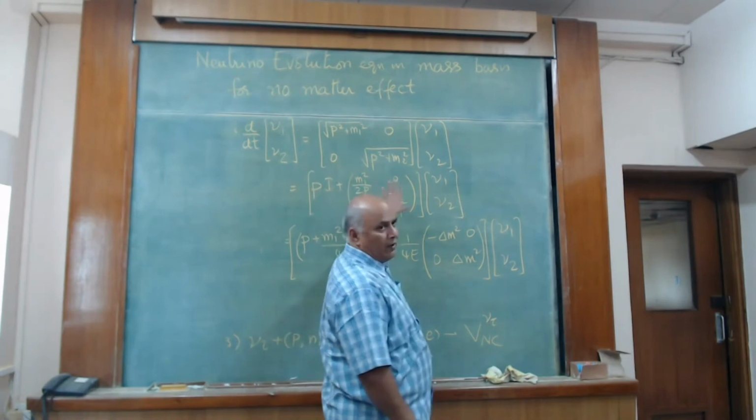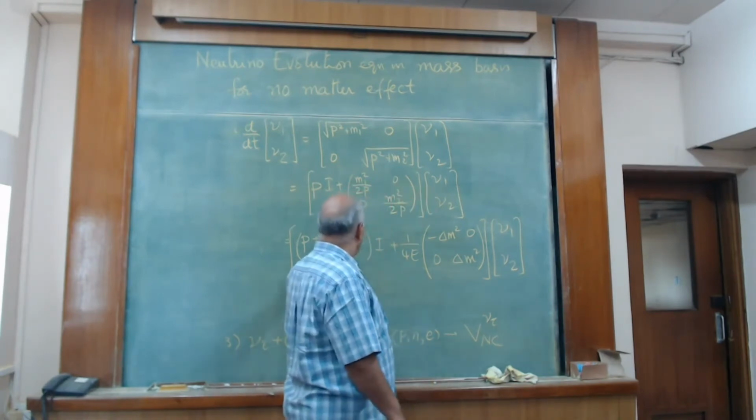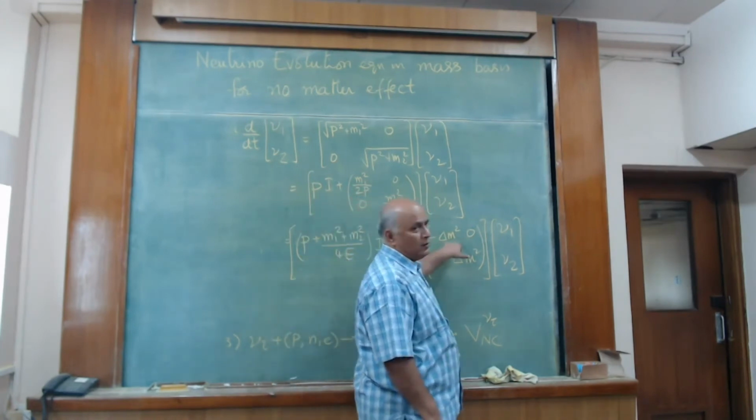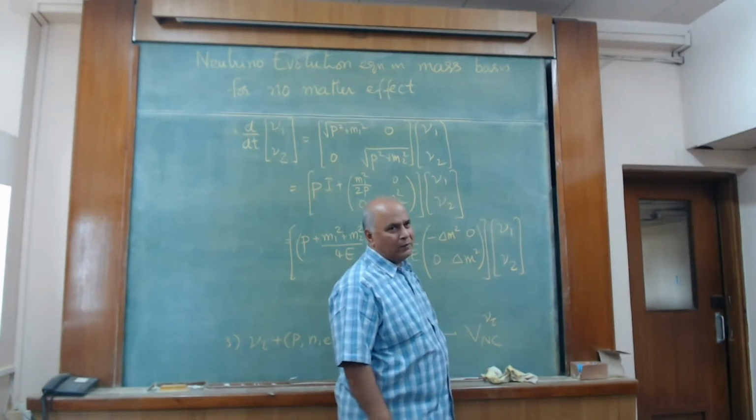So I have taken out a term m1 square plus m2 square by 4E common. So that leaves this to be minus delta m square by 4E and this to be plus delta m square by 4E.